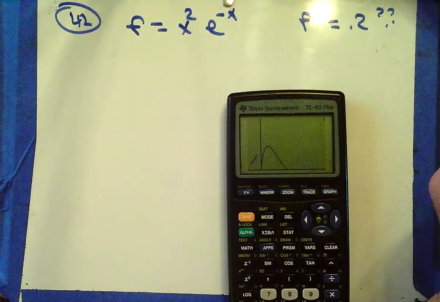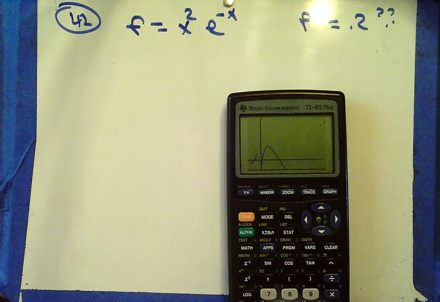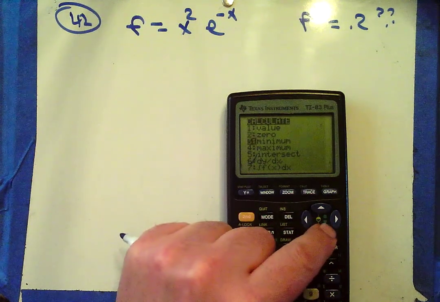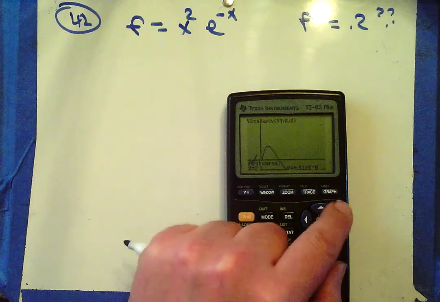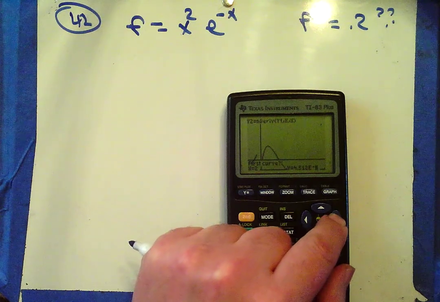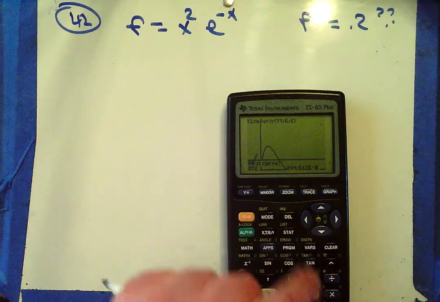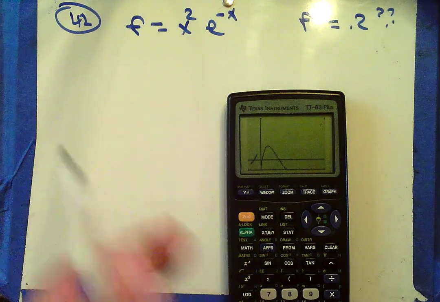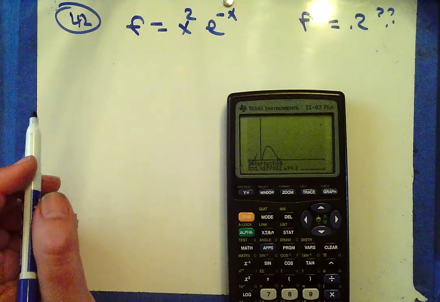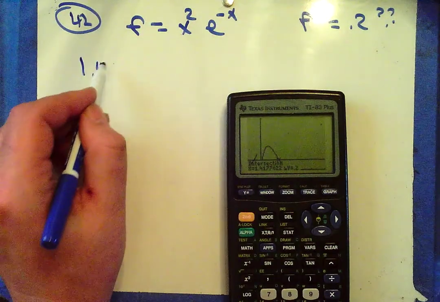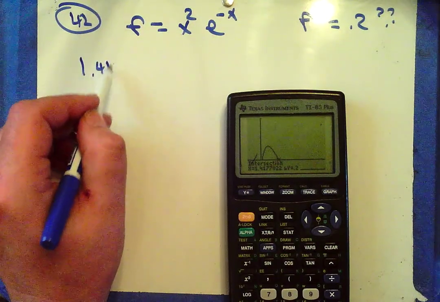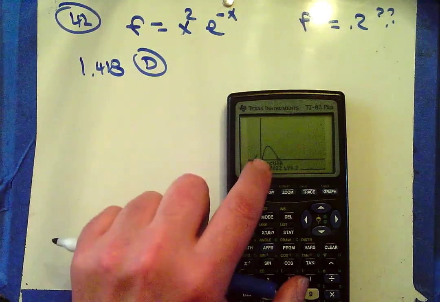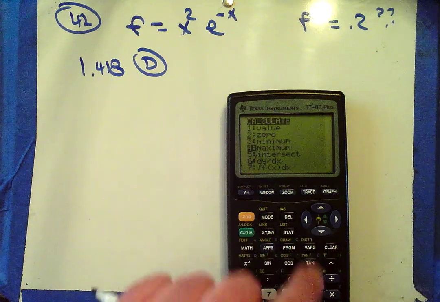Oh, we only have 4 more problems. That's great. There's 0.2, so I do second, calculate, intersect. Enter, enter, enter. And it finds 1.418, and that's D. It looks like there's this other one over here, second, calculate, intersect.